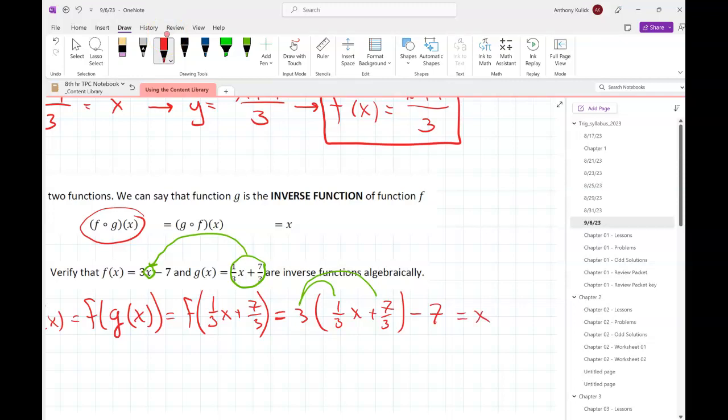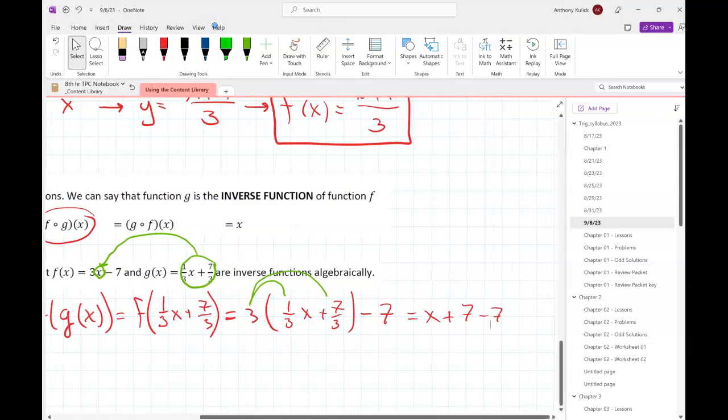So that just gives me 1x. I'm going to write x instead. 3 times 7/3 is 7. And then I still have that minus 7 at the end. I notice that plus 7 and minus 7, those just cancel each other out. And there's the x that I was hoping to get. Yay!